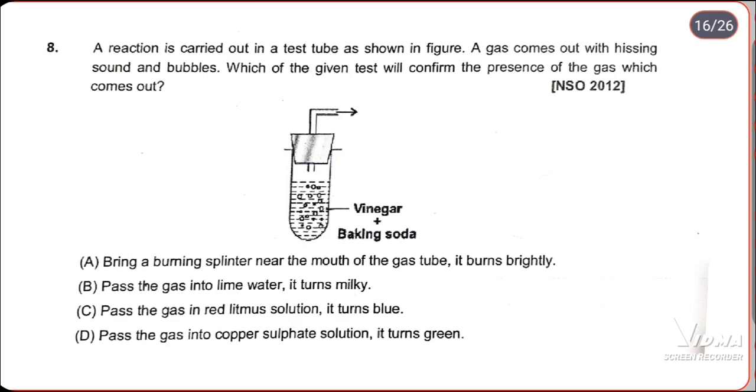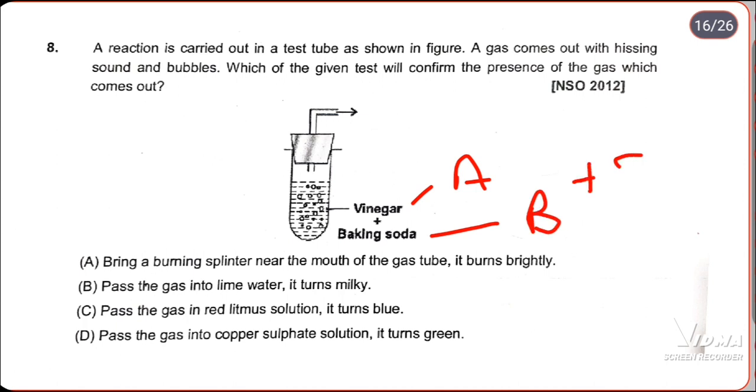Next, a reaction is carried out in a test tube as shown in figure A. A gas comes out with hissing sound and bubbles. Which of the given tests will confirm the presence of the gas which comes out? So vinegar is an acid and baking soda is a base.